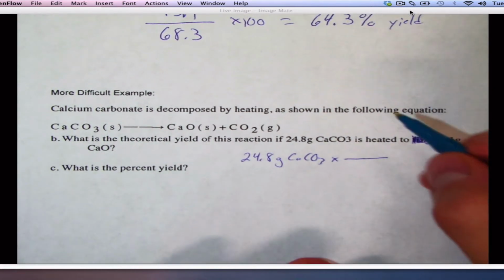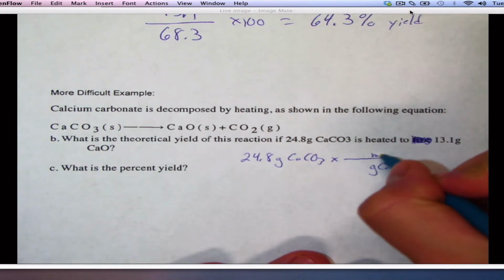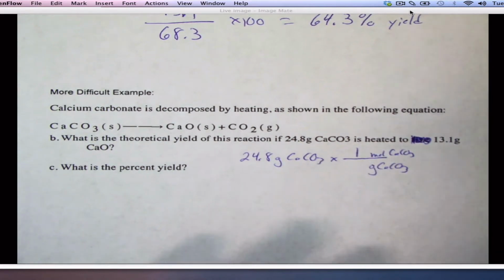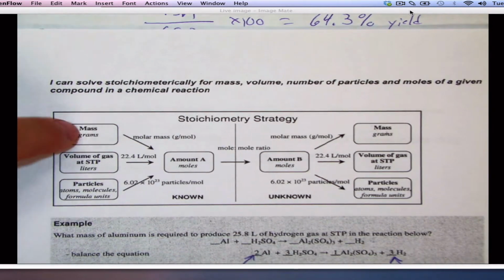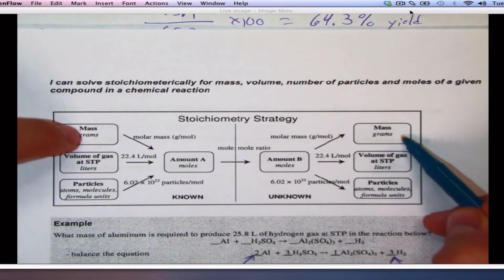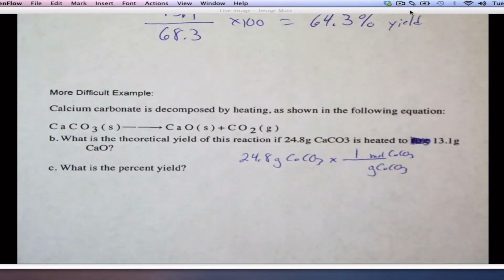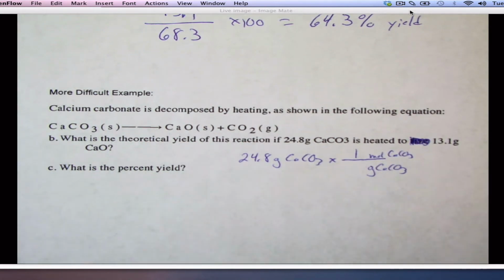So we go grams to moles, grams of CaCO3 to moles of CaCO3. So it's always equal to 1 mole. So using our strategy guide, we're going from grams to grams. Step, step, step. Just follow the steps and you should be good. So what is the weight of calcium carbonate on the periodic table?